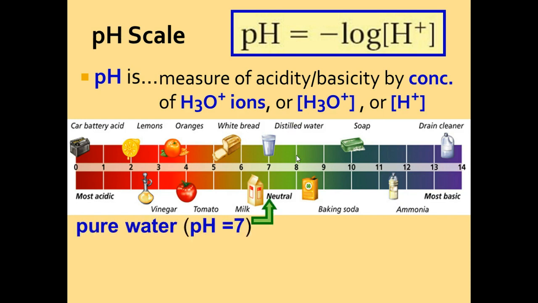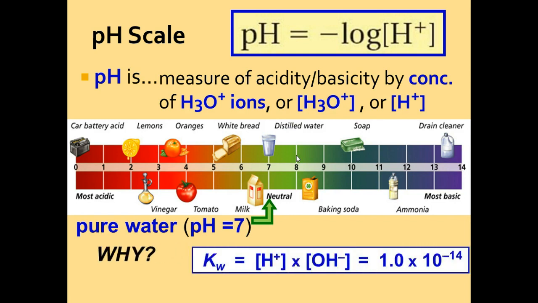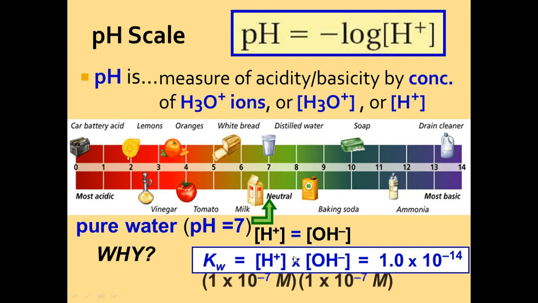And pure water has a pH of 7 because they're both equal. And the reason why is the auto-ionization of water. Because these two are equal, they're both split in half, and they're 1 times 10 to the negative 7th concentration, and 1 times 10 to the negative 7th. So they both have 7 of this and 7 of that.